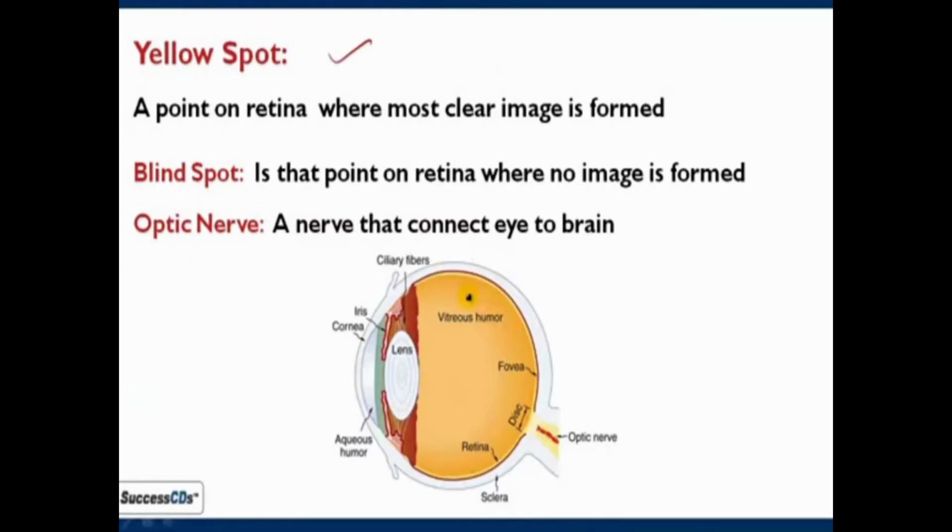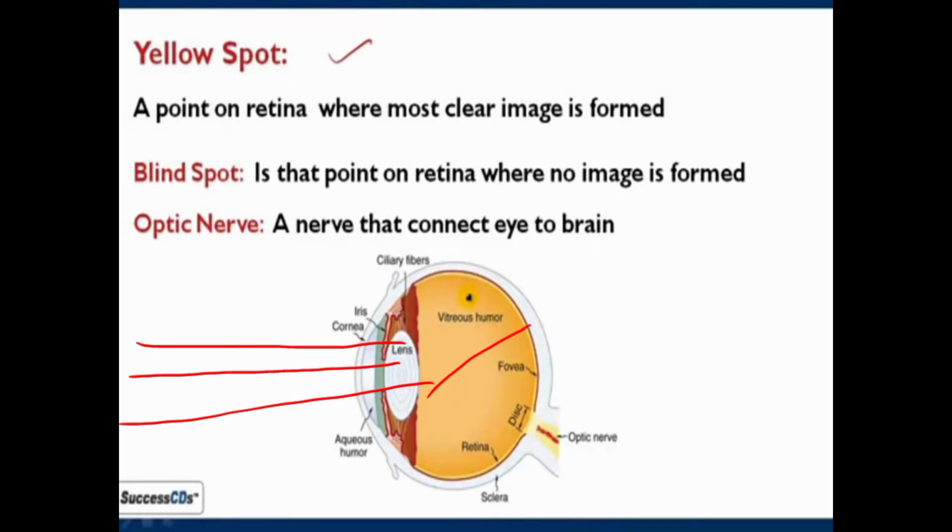Then comes the yellow spot. Yellow spot is a point on the retina where the most clear image is formed. As I told you, as the reflected rays pass through the lens, they converge, they meet at one point, and that point where they exactly meet is known as the yellow spot.